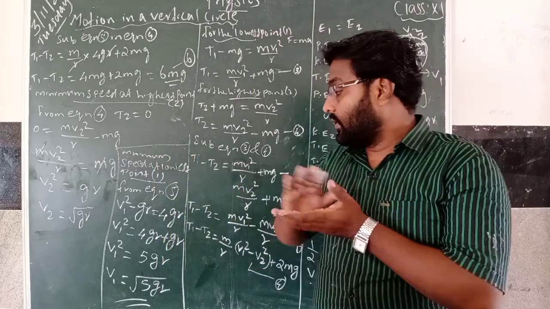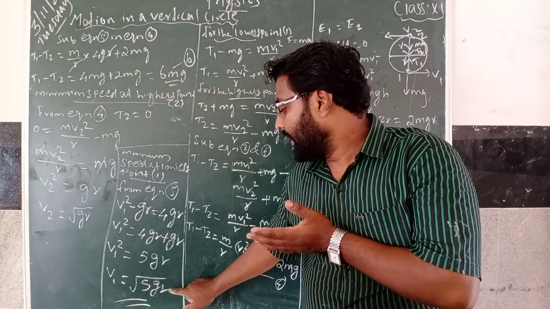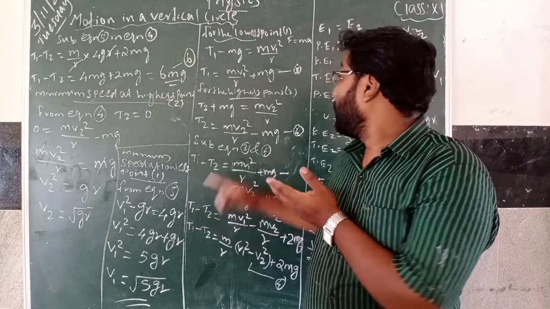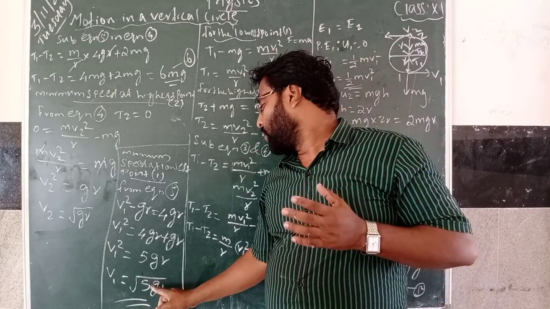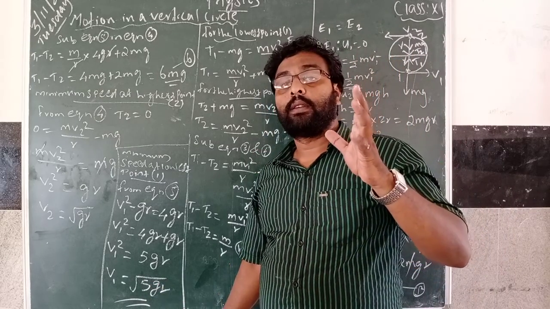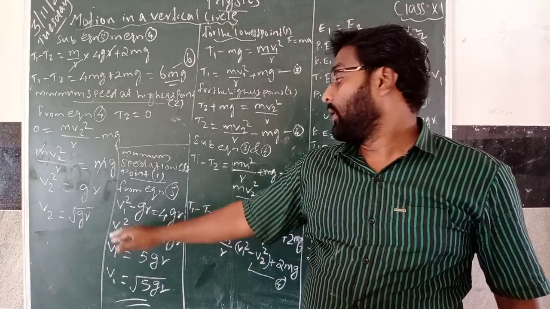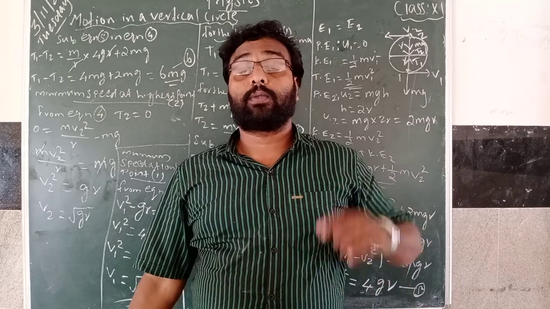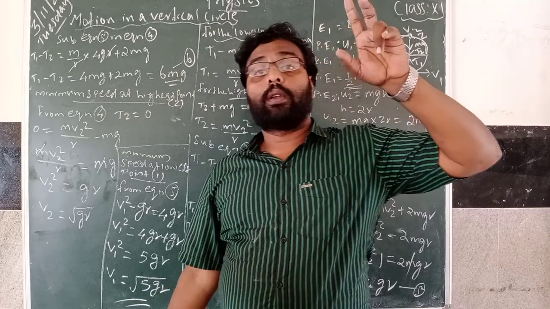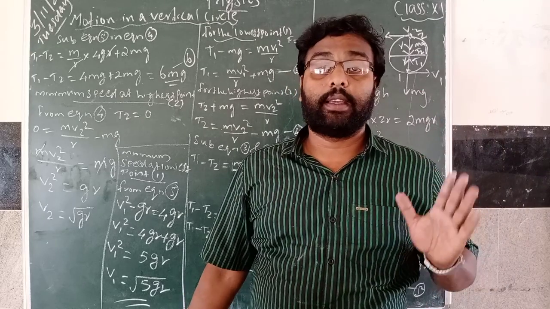How can you tell about the velocity at the lowest point? Velocity at the position 1 is root 5 times greater than the velocity at the highest point. This is what was told before as the second fact. Velocity is not constant here.